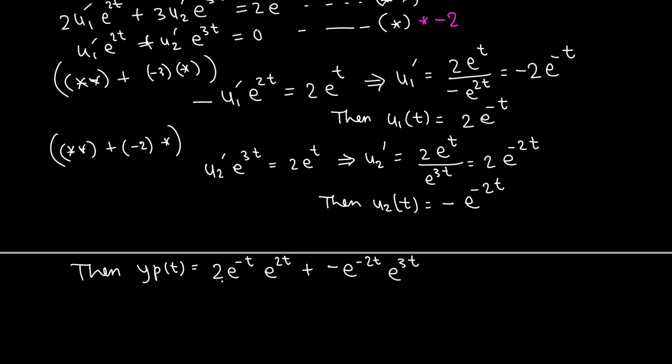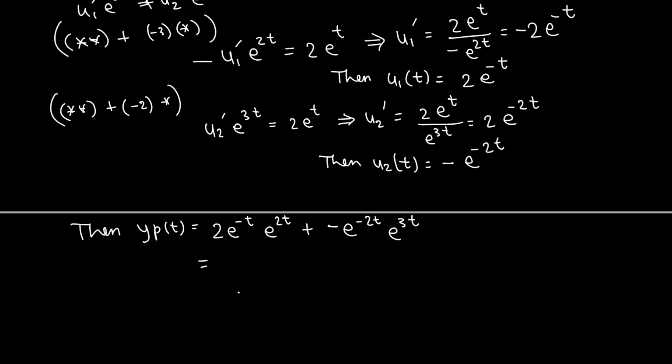Okay, let's simplify. 2 e to the t times e2t, 2t minus t, just 1t, this minus here, e3t times e to the -2t, we combine the exponents, this is e to the t. Oh, they are same. 2e to the t minus 1 e to the t, is just e to the t. So a particular solution is just e to the t.